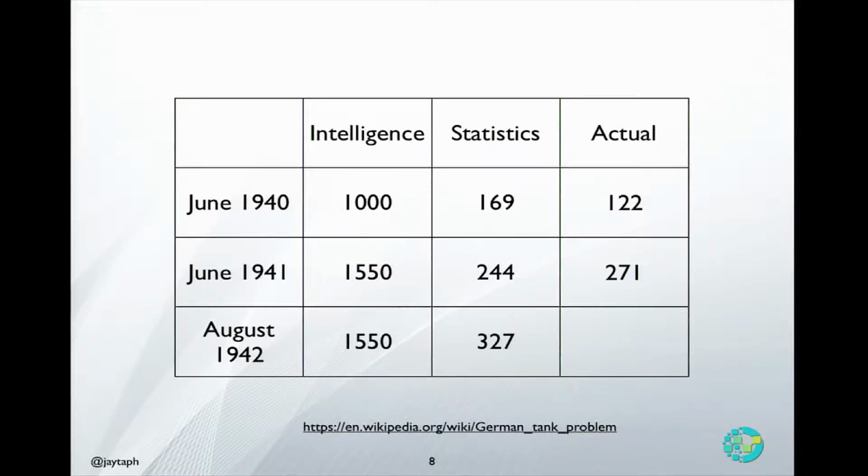Again, one year later, they said 1,515 again, so I think Allied intelligence just stopped caring or something, I don't know. Statistics says, well, we think 327. In fact, 342, so that's really, really close by. That's almost spot on, just by looking at tank identification numbers and the number of tanks.